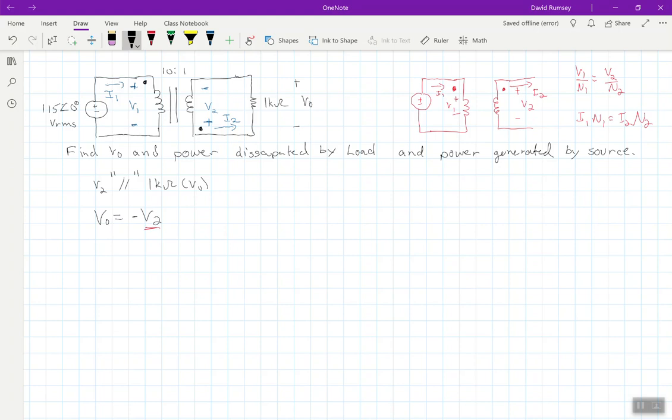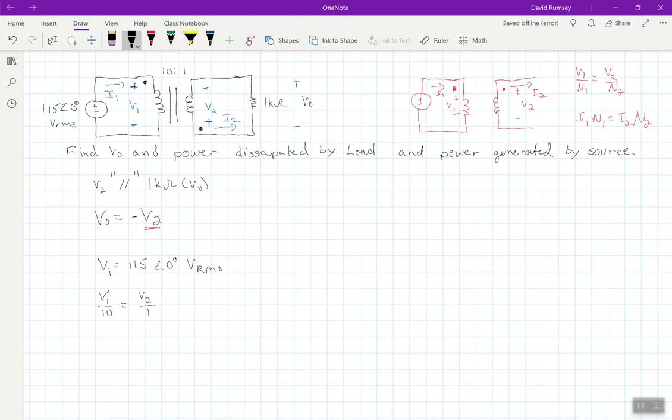Okay, so now we're going to go ahead and use my ideal transformer equations. On the left-hand side on the primary coil here, we can clearly see that V1 and that voltage source are in parallel, and the plus and minuses line up. So V1 is simply equal to 115 at an angle of 0 degrees volts RMS. Then we just use my turn ratio equation, that V1 over 10 is equal to V2 over 1.